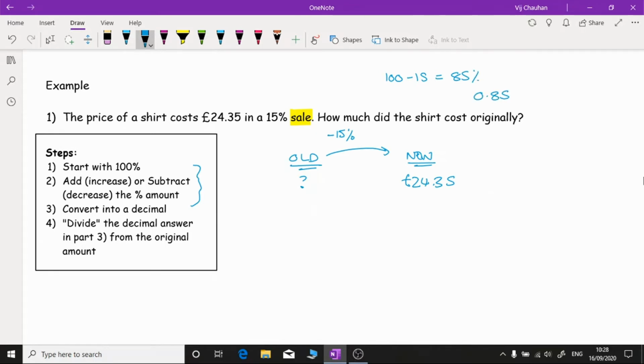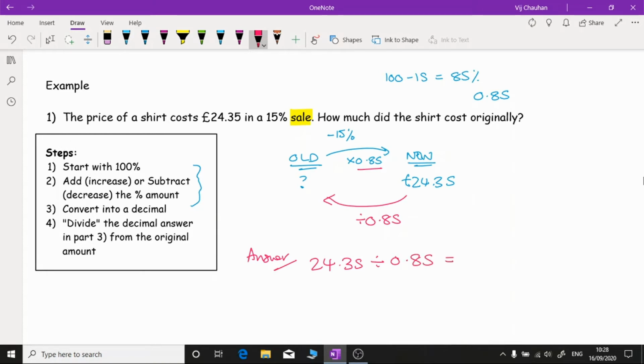So to get from here to here, I'm going to be multiplying by 0.85. So to do the opposite, I divide by 0.85. So to work out the answer, all I need to do is 24.35 divided by 0.85.